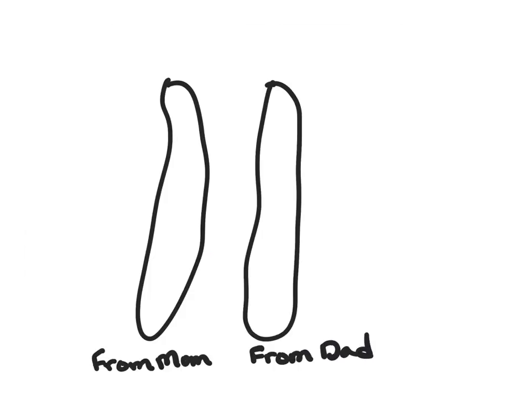So this is a close-up of two chromosomes. Let's say that this one here came from mom, this one here came from dad, and all along these chromosomes are genes. So if there's a gene for a specific trait, maybe hair color, there would be a gene related to hair color from dad.